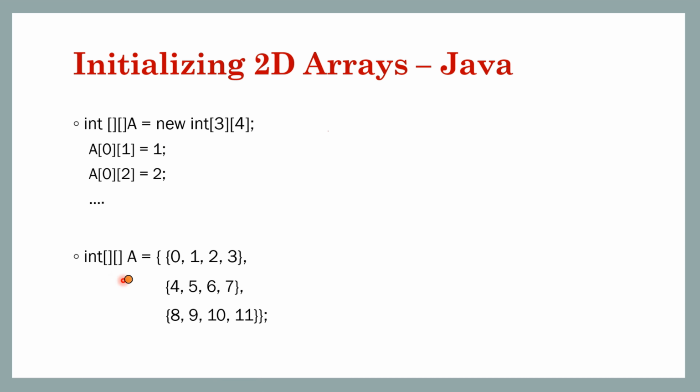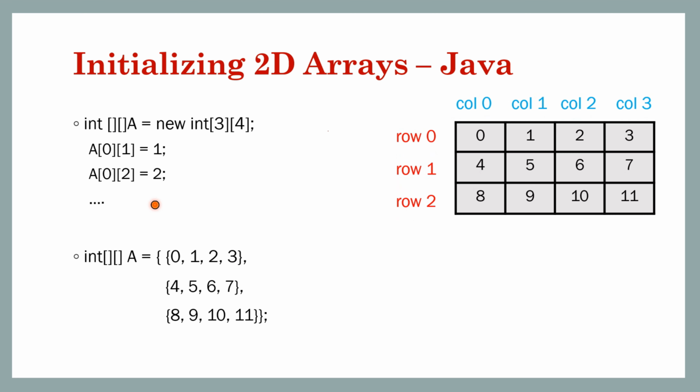Or you can also, without writing the size here, put the values on the right side using this way. This is similar to the first method of C++, but both are doing the same thing. I have not initialized all the values. You can fill that up and you will get the exact same array.